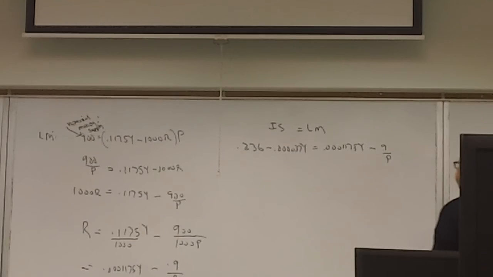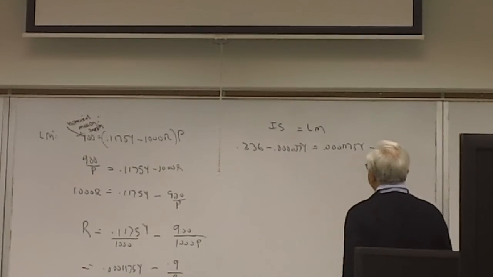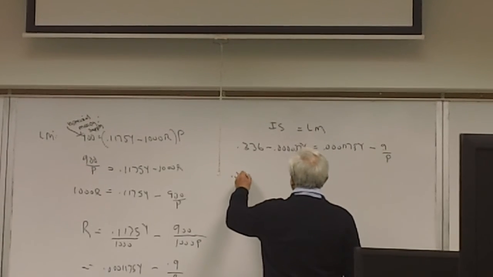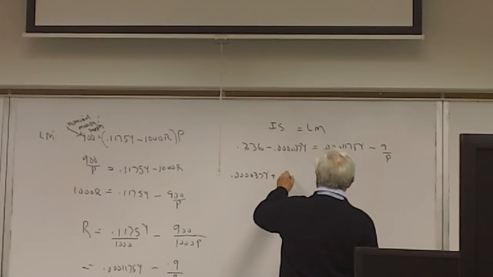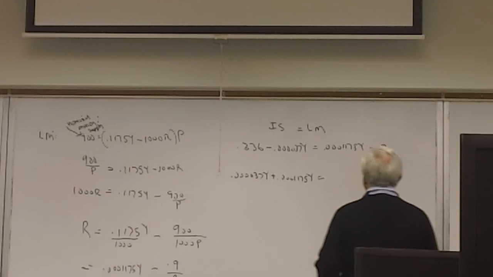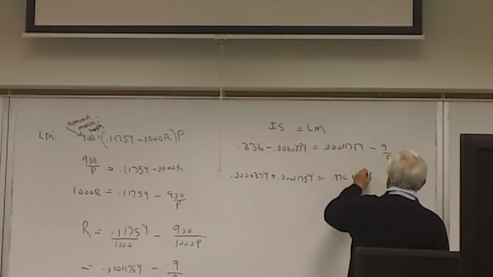Now, if we bring the two y's together on this side and these two on the other side, we'll have 0.000037y plus 0.000175y, which equals 0.336 plus 0.9P.